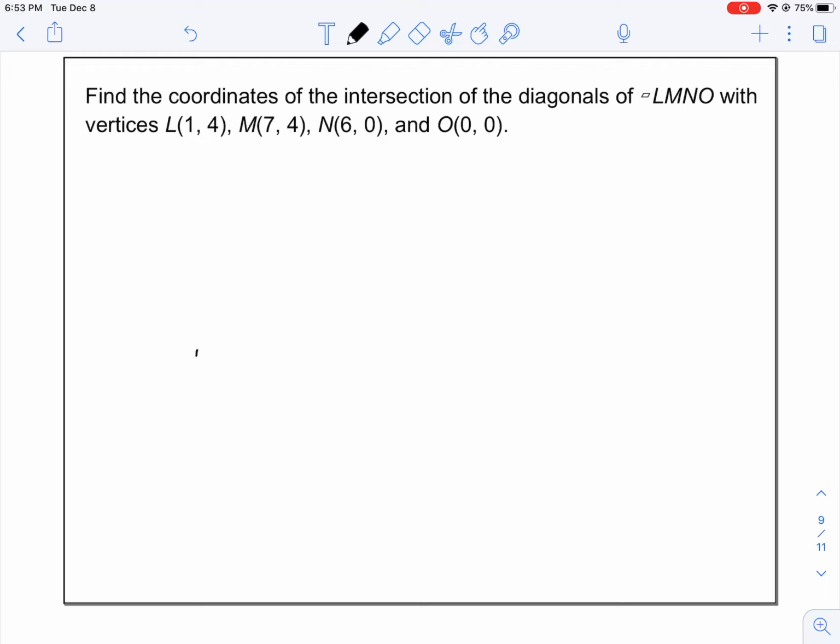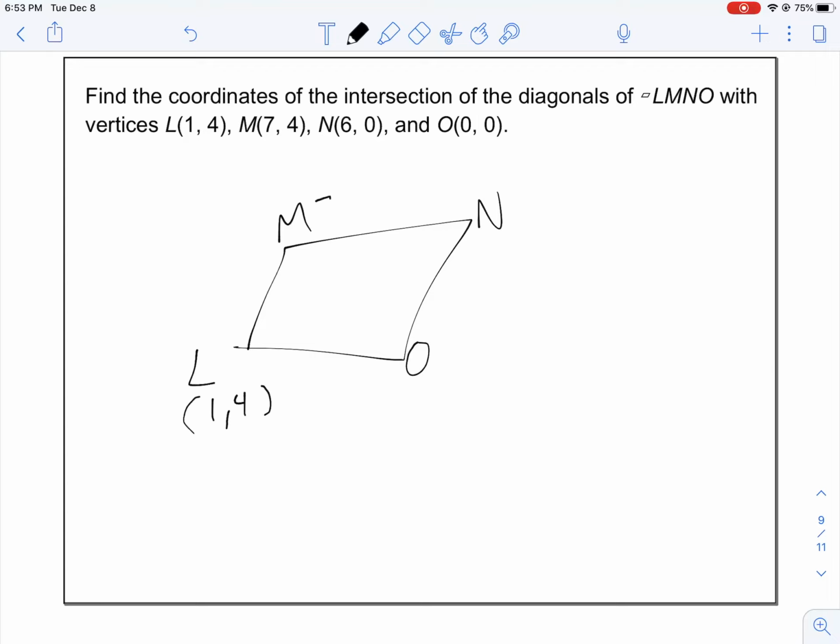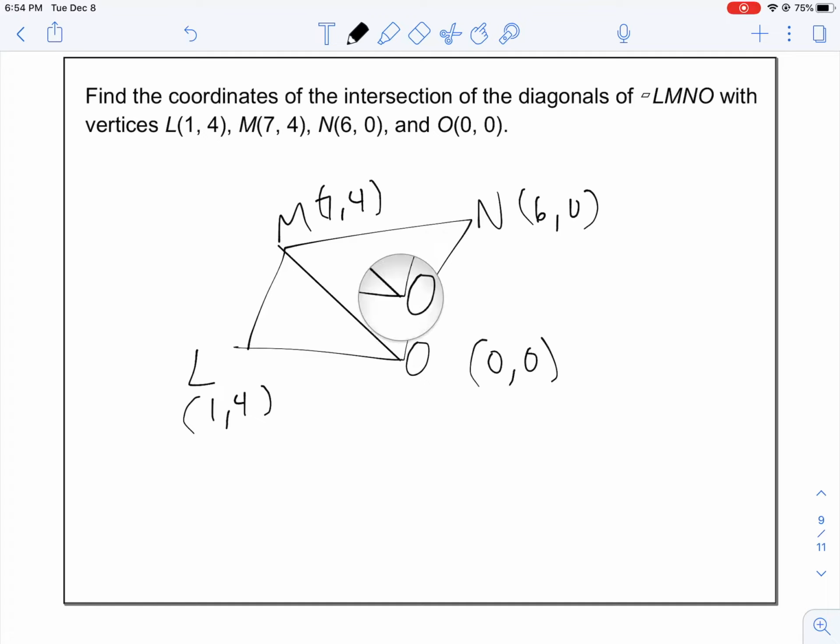So here we go. I've got parallelogram LMNO. L is at 1, 4, and these are not the actual locations of these, but that's okay. We don't actually need the locations. And we need to find the midpoint of these diagonals.